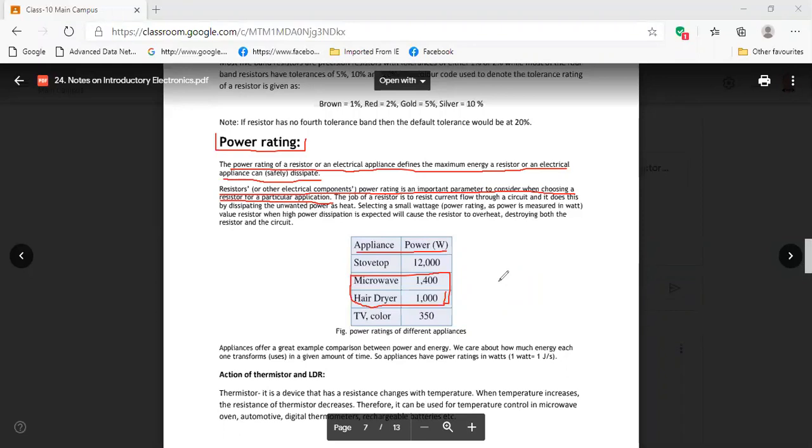Our line has a voltage of 220 or 240. So does it mean we have unlimited current? No, no, we already discussed in the last topic, topic 23. So the power is fixed.